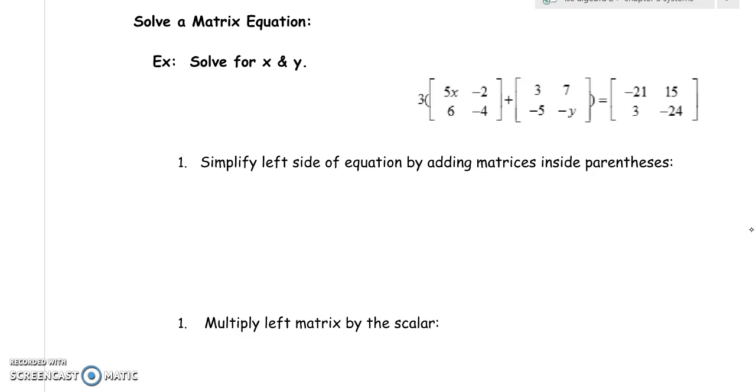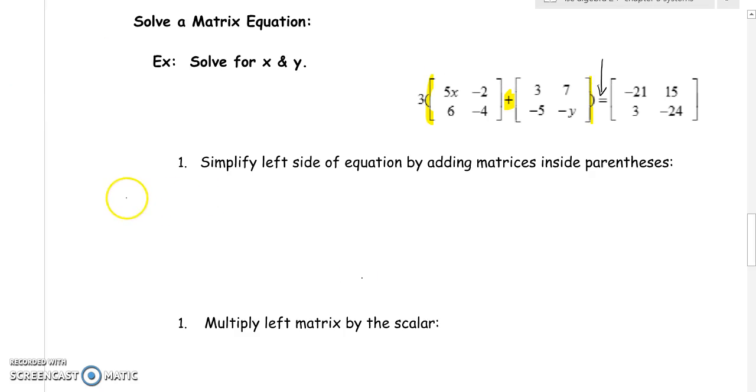So we have a matrix equation here because we have an equal sign with matrices. We are going to say, hey, these two matrices inside our parentheses are added together. So we're going to add those together.